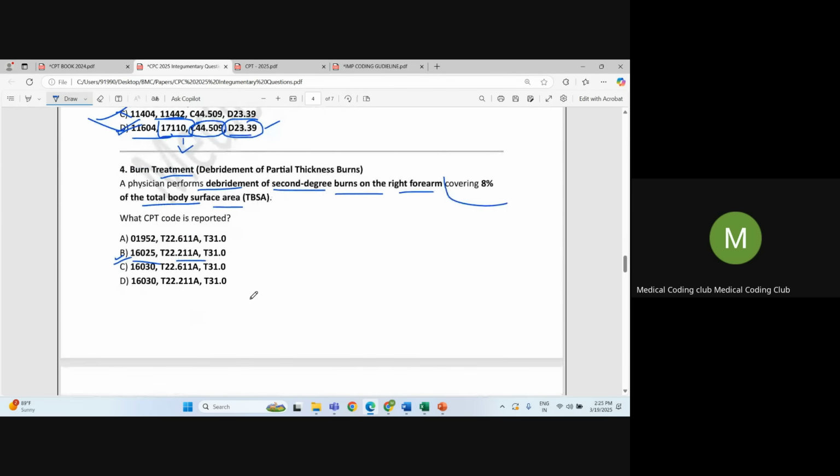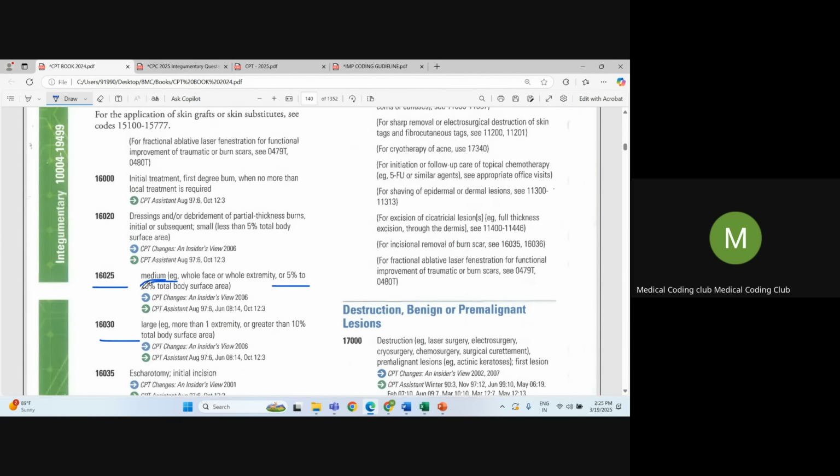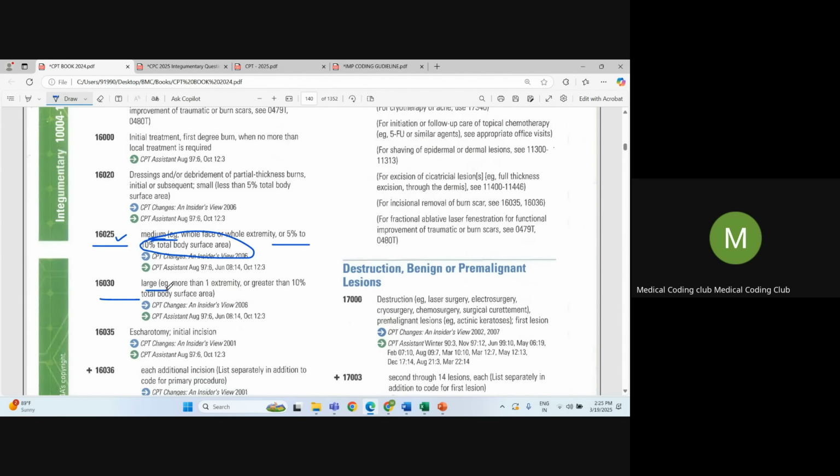Please check the ICD. I did not open the ICD, so please just check the question. CPT should be 16025, because covering 8% of total body surface means 5 to 10%. Here is the code 16025. 16030 is large, greater than 10% of total body surface area.